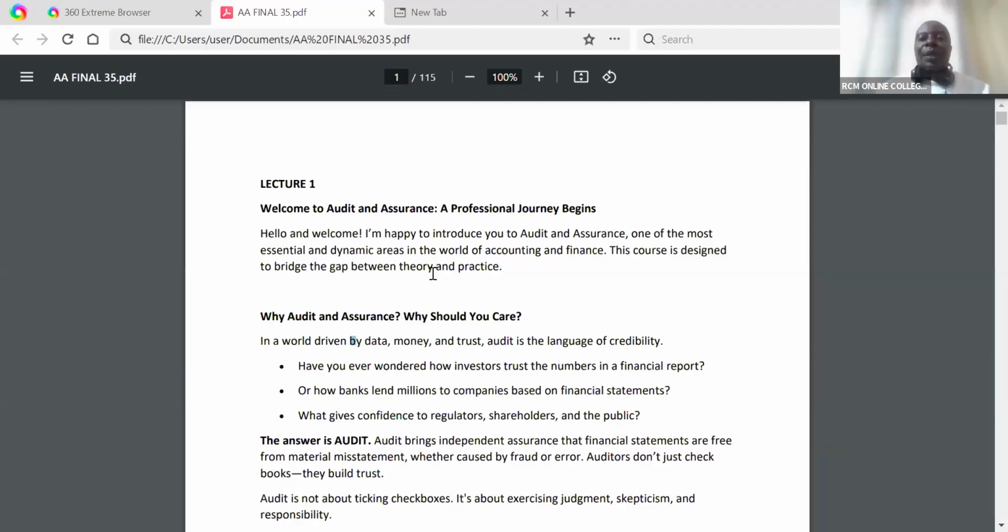So I'm sharing the handout which I'll be using. Yeah, so there we are. So I would want us to start right away. All right.